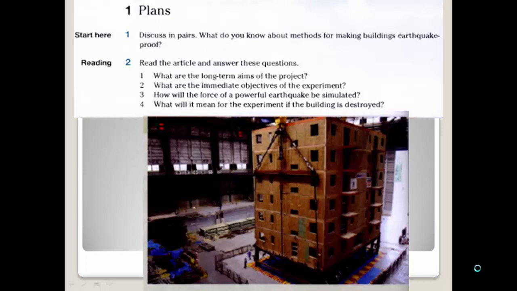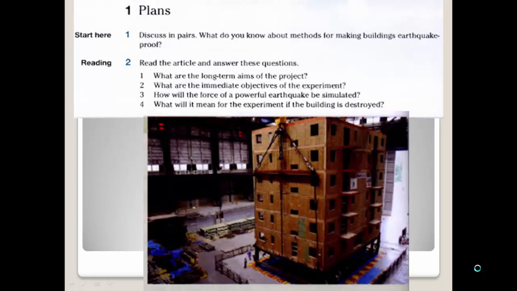So what do you know about methods for making buildings earthquake proof? It is a testing plan of checking whether a building is resistant to earthquakes or not. Before reading the material we need to look through these questions: what are the long-term aims of the project?